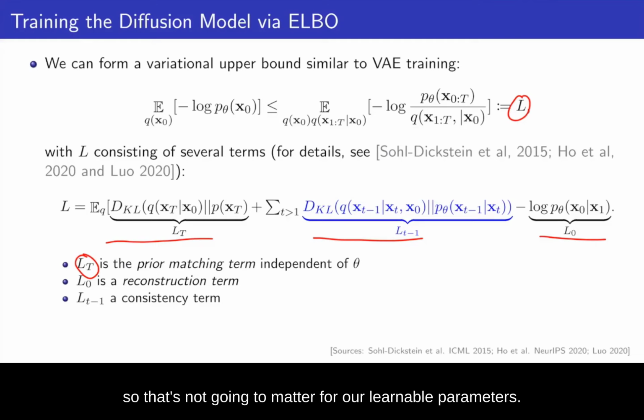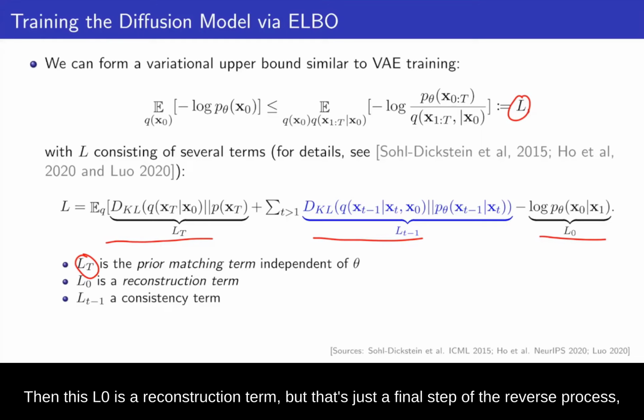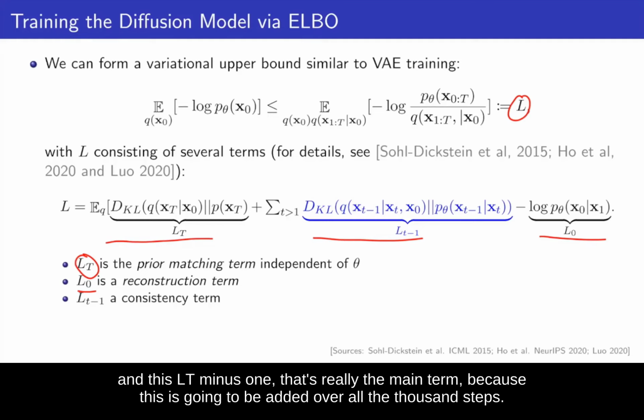So that's not going to matter for our learnable parameters. Then this L0 is a reconstruction term, but that's just the final step of the reverse process. And this L T minus 1 is really the main term, because this is going to be added over all the 1,000 steps.